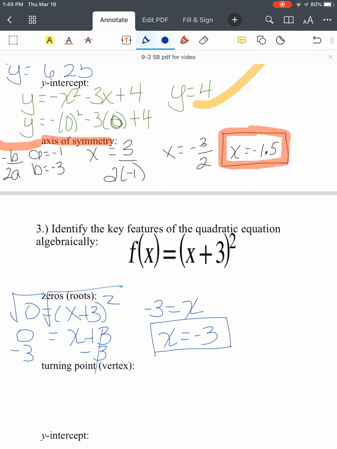Let's take a look at it. Let's go back to our y equals, clear what you have in there, and type in (x plus 3) squared. Let's go to graph. And sure enough, my parabola is touching the x-axis at negative 3. So again, I'll make you a little sketch.